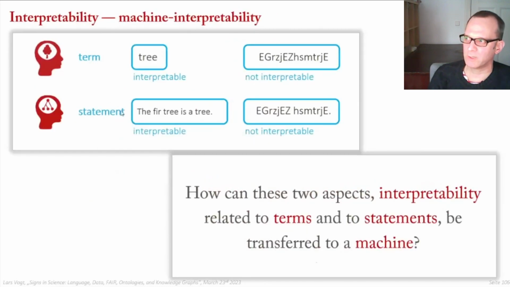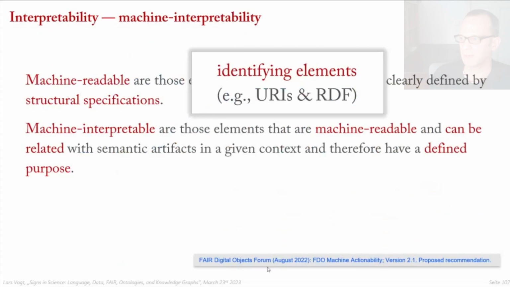So we talked about what it means for terms and statements for humans, and we want to transfer that now to machines. And I continue referring to the definitions from this white paper here. So machine interpretable are those elements that are machine readable and can be related with semantic artifacts in a given context and therefore have a defined purpose. Okay, what does that mean?